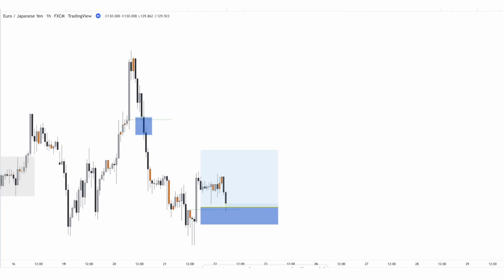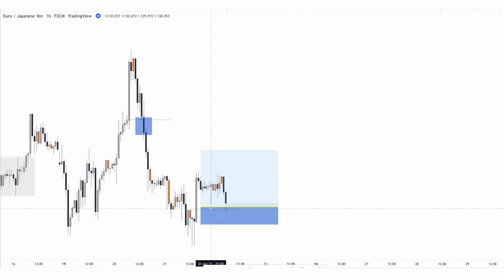So I guess some people will be like, okay, why don't you take a flag on this sort of break and retrace and be up here? The reason is, usually I would get in at a better price, which is here, the retest. There'll be situations where I will take the flag, and that'll be if we had a little bit more confirmation to the upside, but it being so close, I'd much rather get in with the retest.